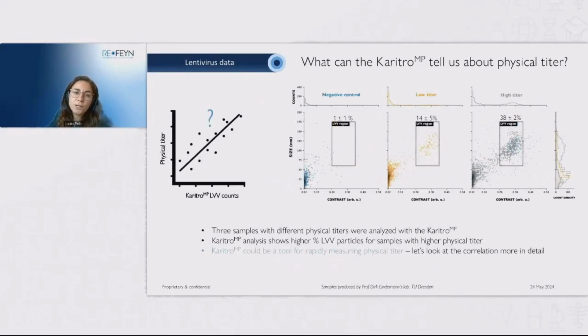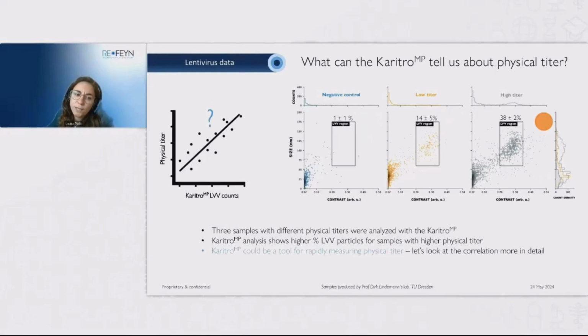So the next question we had was, what can the KaritroMP tell us about the physical titer, which is what we are representing here. In order to investigate this, we've been measuring a series of samples with different titer values. So we have a negative control in the first graph, a sample with low titer, and a sample with high titer.